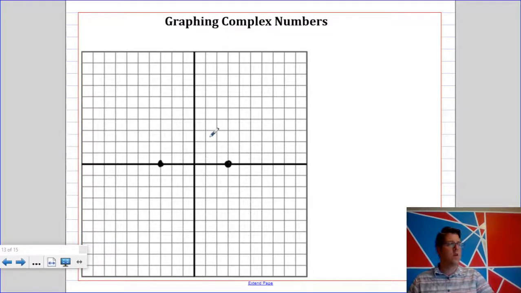Those still work. But wouldn't 3i also be 3 units away? And by the same token, wouldn't negative 3i? In fact, there are an infinite number of things that are 3 units away from the origin. Really anything that falls on that circle.